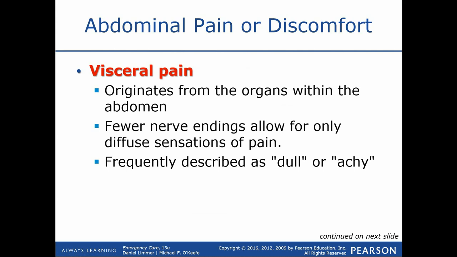So if I have something that is wrong with, we'll say, my kidney, for instance, rather than being able to point to a very specific spot on my body, I would probably describe it as being relatively diffuse, dull, or achy. The same thing can apply if I have anything going on, whether it be within or outside of the peritoneal sac, it doesn't matter.